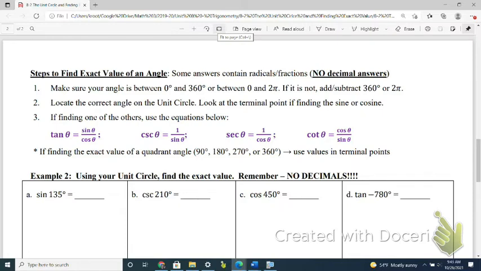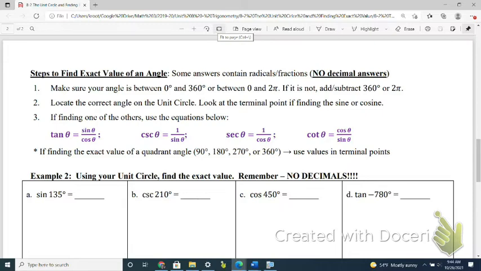If you are finding one of the other 4, because there are 6 trig values in all, and that's something that we haven't talked about. You are familiar with sine, cosine, tangent, but the other 3 you're not familiar with yet. So we have tangent, which you can find as doing sine divided by cosine.